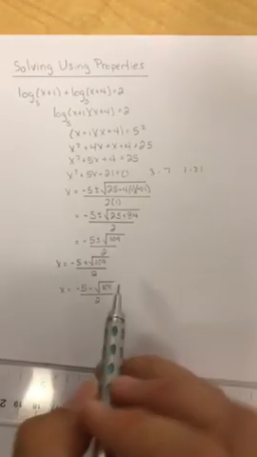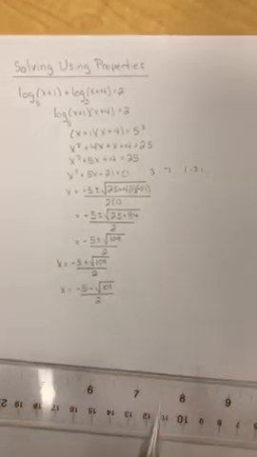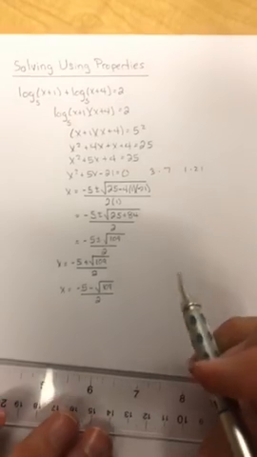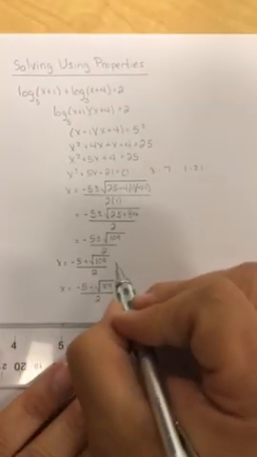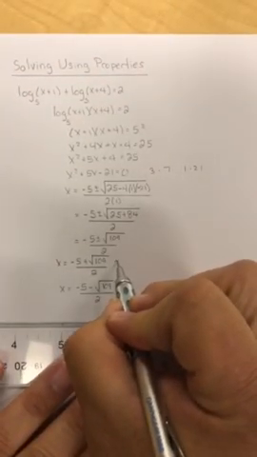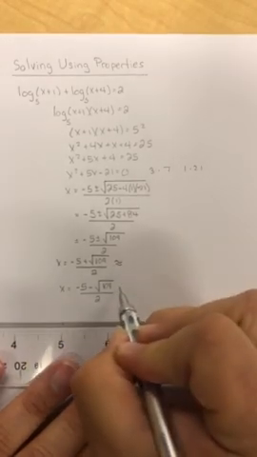As they are now, we would consider these exact solutions until we actually convert the square root to a decimal, and then it becomes approximated. So the next step is the approximated solutions, and I'm going to round those to 1 decimal place.